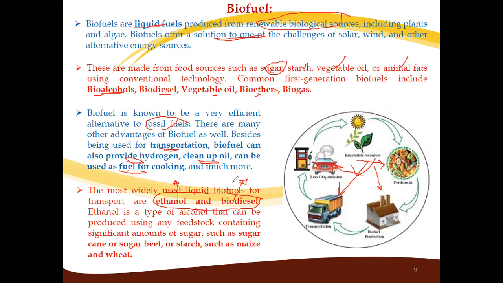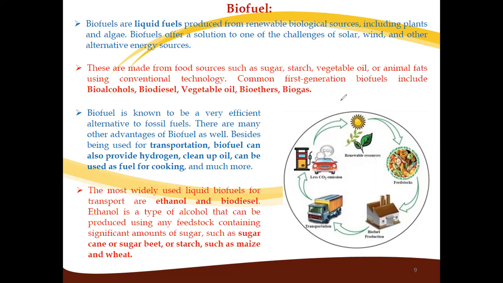Ethanol is a type of alcohol that can be produced using feedstock containing a significant amount of sugar, such as sugar cane, sugar beet, or starch, maize, or wheat. By these methods, we can produce ethanol and biodiesel. So these are the biofuels.